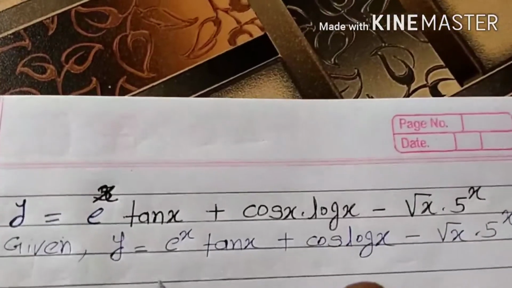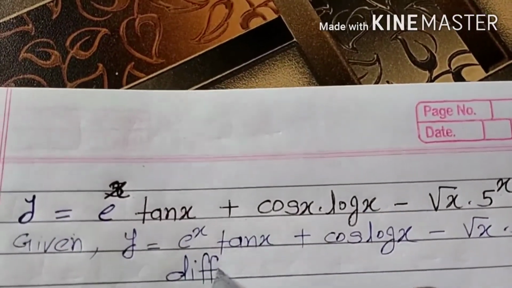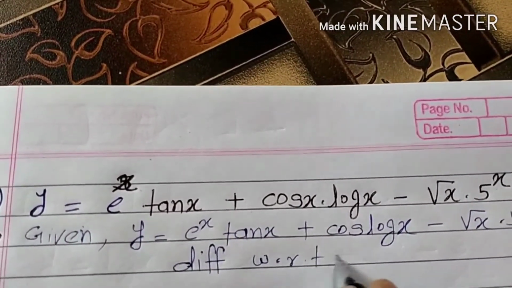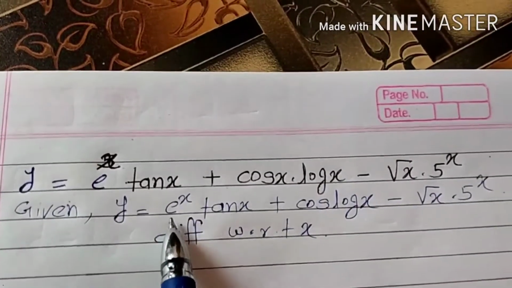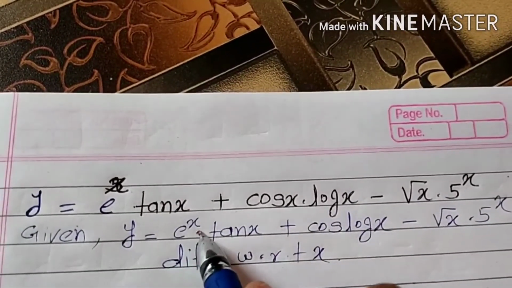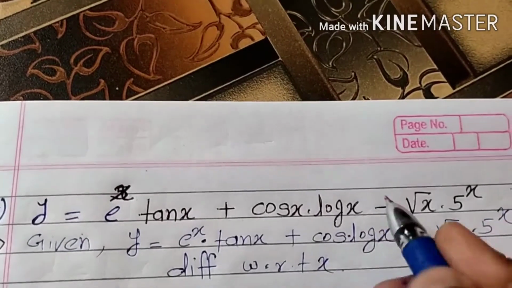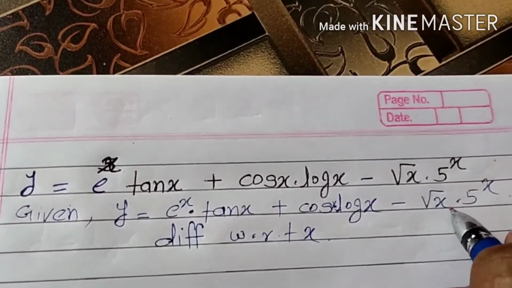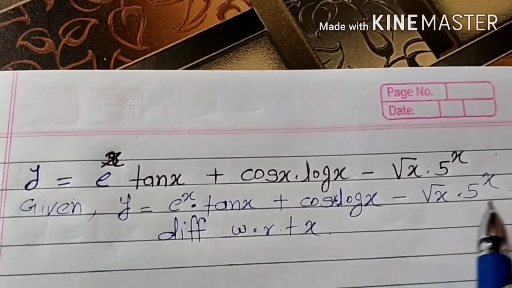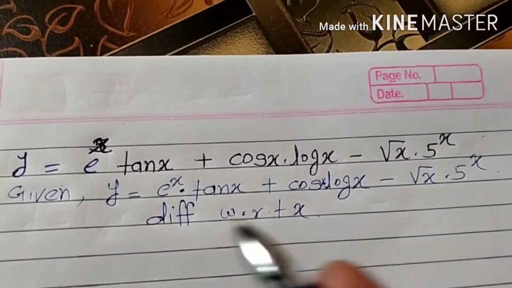Now differentiate with respect to x. So in this example you can observe that this is u into v, this is also u into v, and this is also u into v. So here we have to use product rule 3 times.